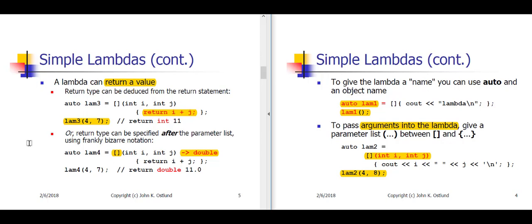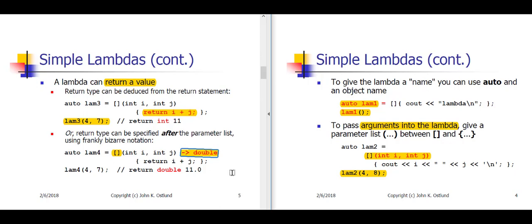We can't put the return type in front of the lambda introducer, or the compiler will get confused when it reaches that return type. You know, why is there a data type sitting here at this point? So what we use is this frankly kind of bizarre notation of the arrow symbol, that is the dash and the greater than symbol, followed by the return type.